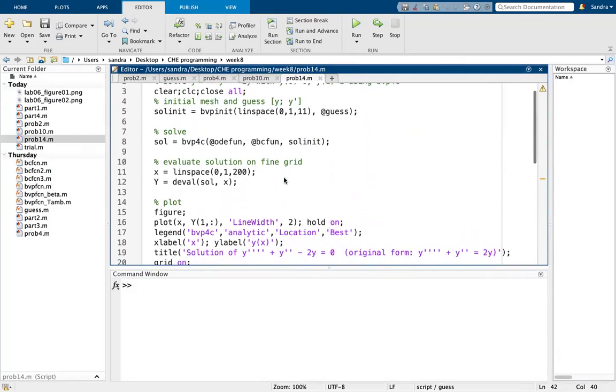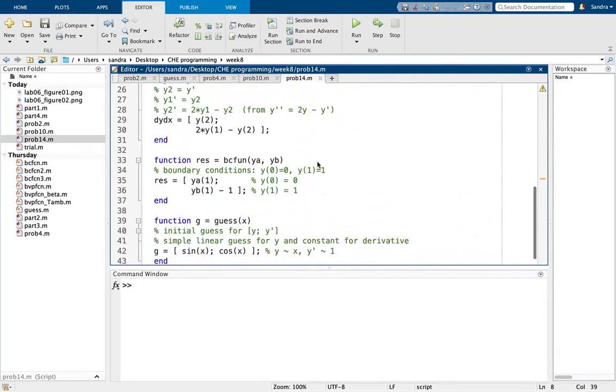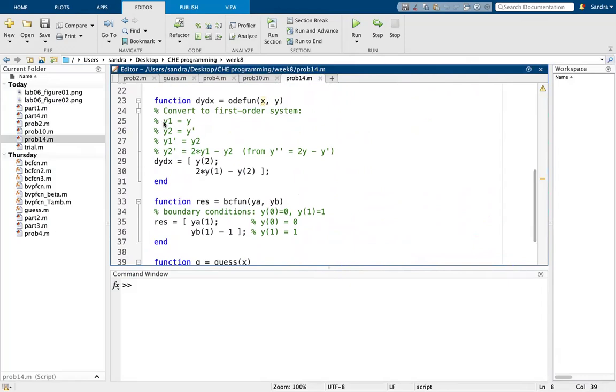Now I have initialized, and now I have the ODE function. So y1 is equal to y, and y2 is nothing but the derivative, so the equation will look like this: y2, and this will be 2 times y1 minus y2.